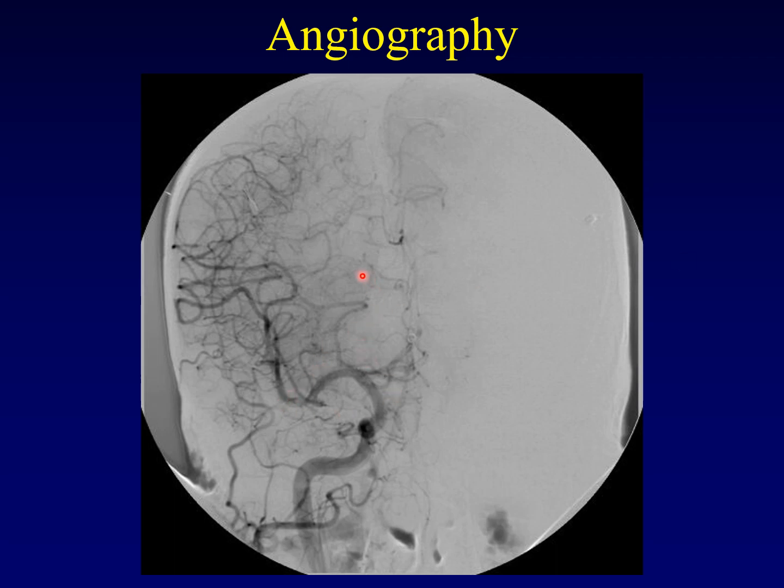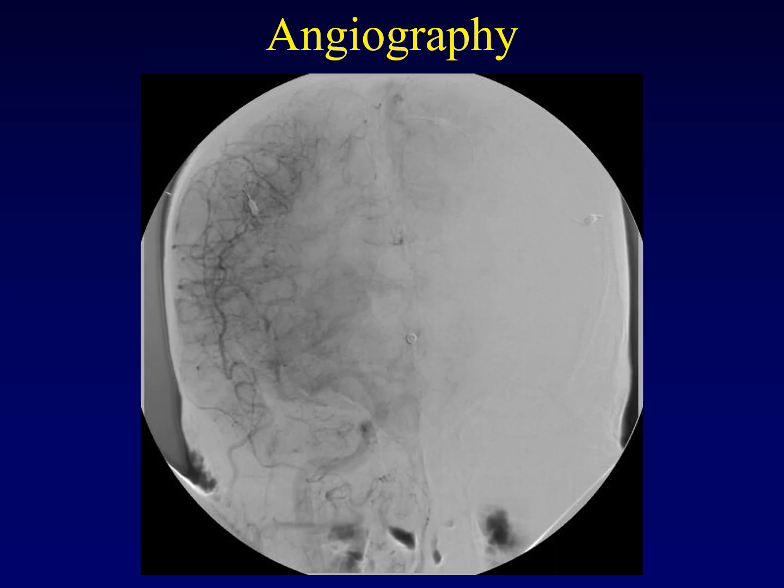You can see a blush of brain parenchyma itself as the capillaries fill, right? We've lost some of our imaging of the larger arteries. You can still see some of the more distal ones, but we're pretty well into the capillary phase. At this point, the arteries are essentially emptied of contrast. You can still sort of make them out like little ghosts.